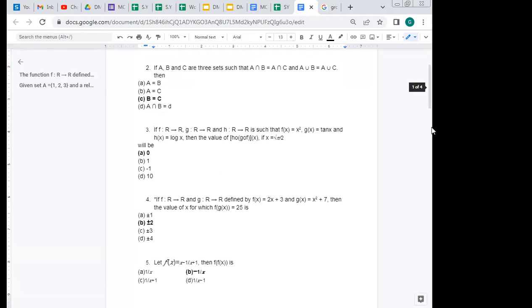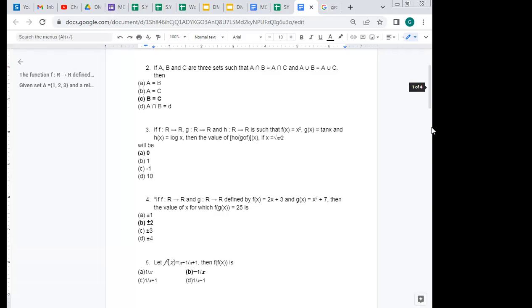Such that f of x equals x square, g of x equals tan x, and h of x equals log x. Then the value of h composite g composite f of x, what is it? If x equals root pi by 2.